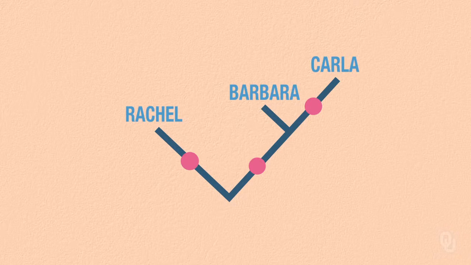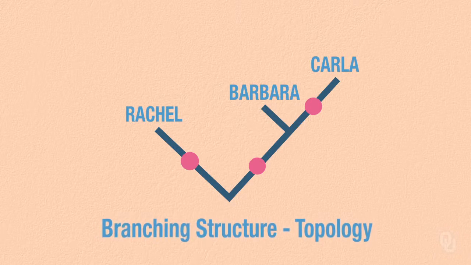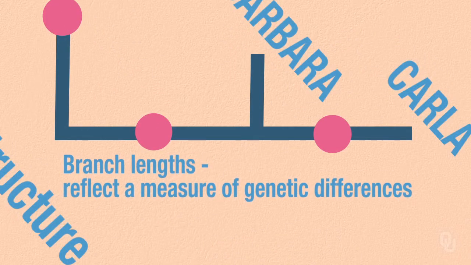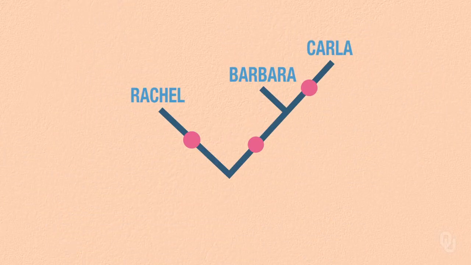Once we're comfortable with using trees, we can summarize genetic information quite easily. Here I provide a small amount of additional complexity to the tree. This new complexity takes into account the branching structure known as the topology, but also the branch lengths. The branch lengths here reflect a measure of genetic differences.